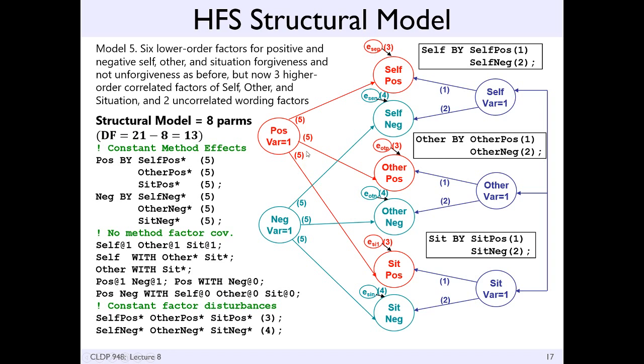On the other side, to handle the patterns introduced because items that are positively worded are more related than expected, despite even what they're about, I introduced what I would call method factors. So the red one there has a set of loadings that's constrained. Because if it really is just about being a positively worded item, then there's no reason for any differences across self, other, or situation, because they're all positively worded to the same extent.